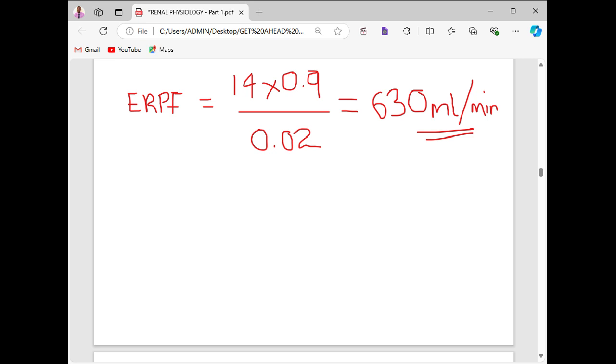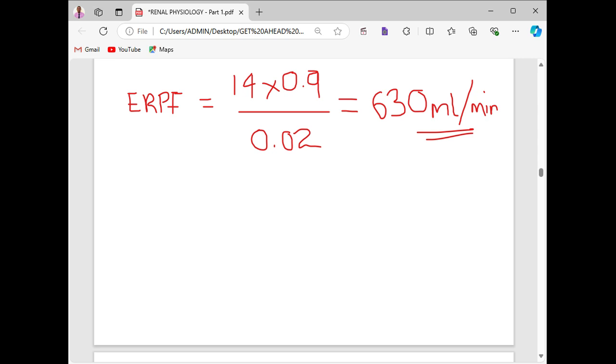It should be noted that the effective renal plasma flow, determined the way we've solved here, is just the clearance of PAH. Effective renal plasma flow can then be converted to actual renal plasma flow.